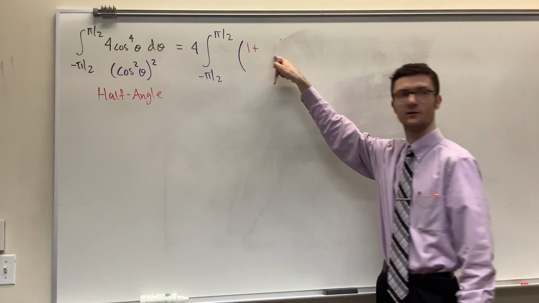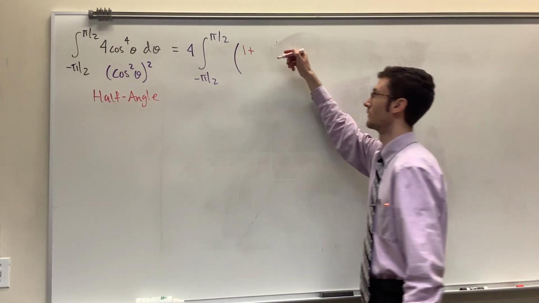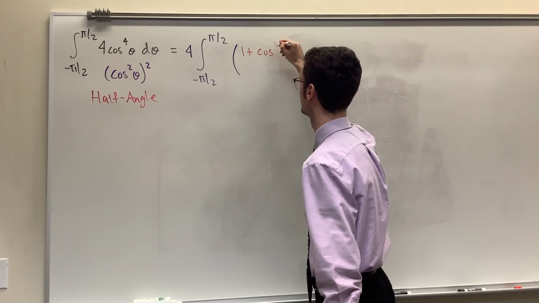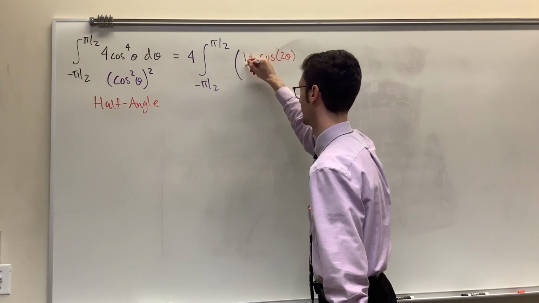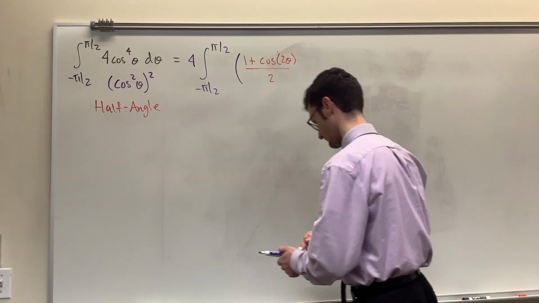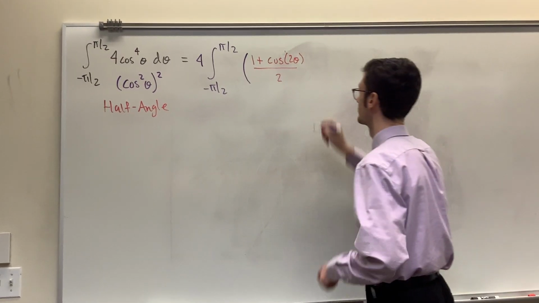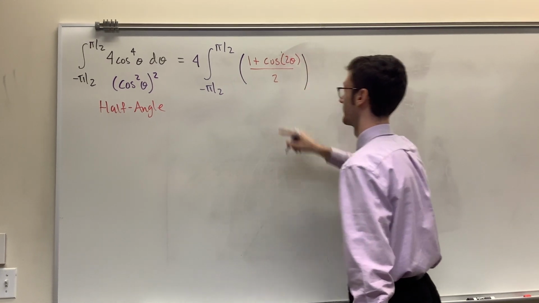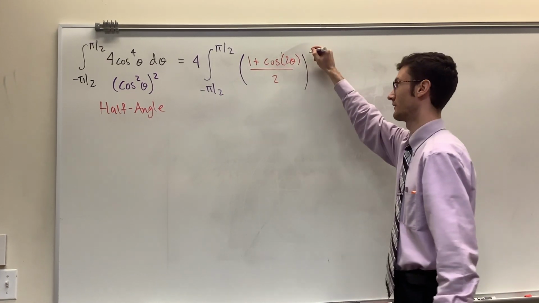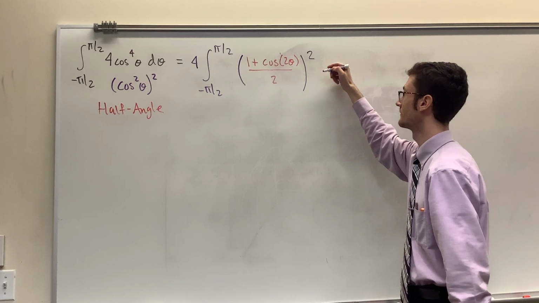Yep, except we're going to have cosine here. So 1 plus cosine 2 theta divided by 2. So that's cosine squared, but we're squaring it. d theta.